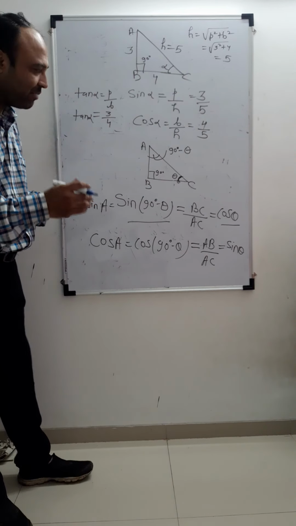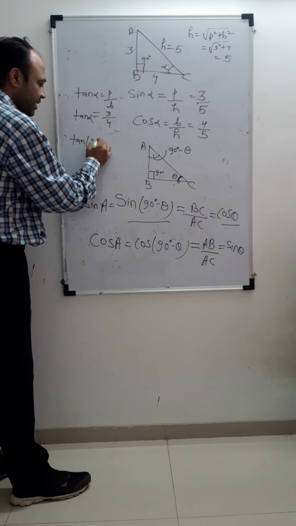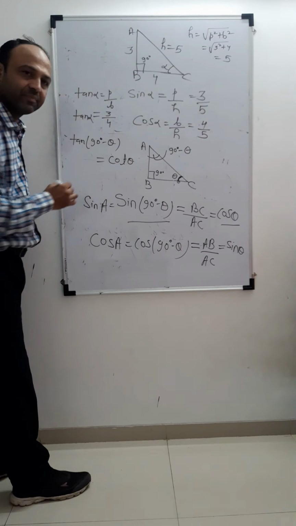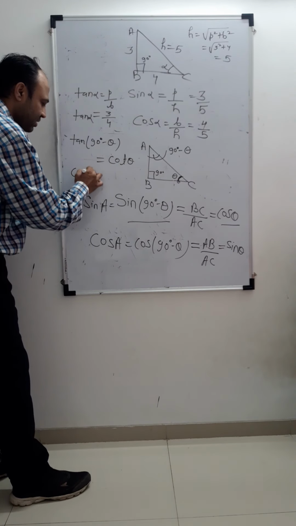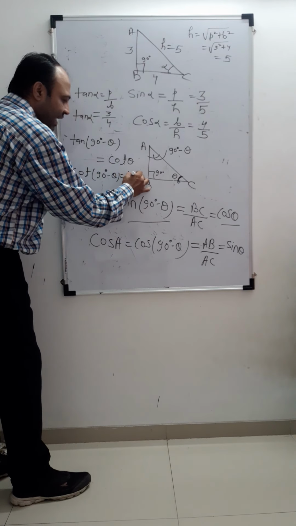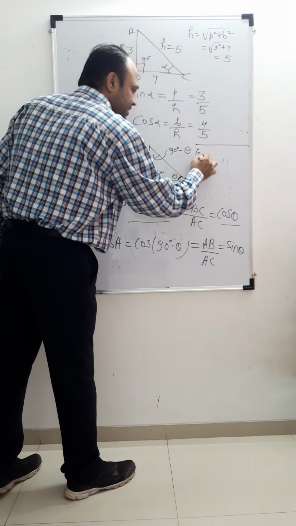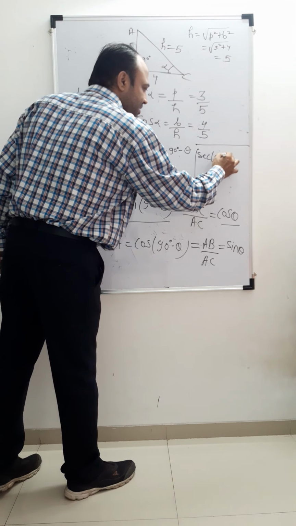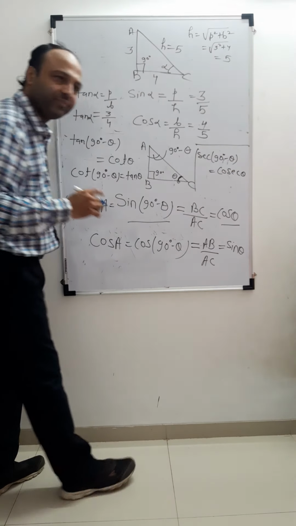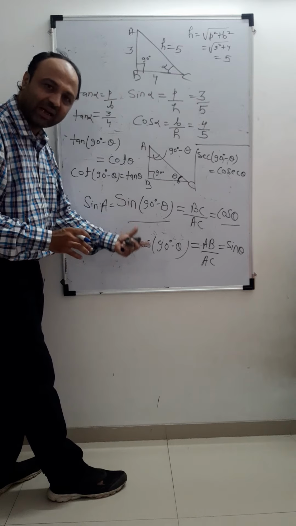So on, what does tan become? Cot theta. So tan 90 minus theta we can write as cot theta. Cot 90 minus theta we can write as tan theta. Similarly, sec 90 minus theta we can write as cosec theta. The proof is the same way as what I have shown you for sine and cos.